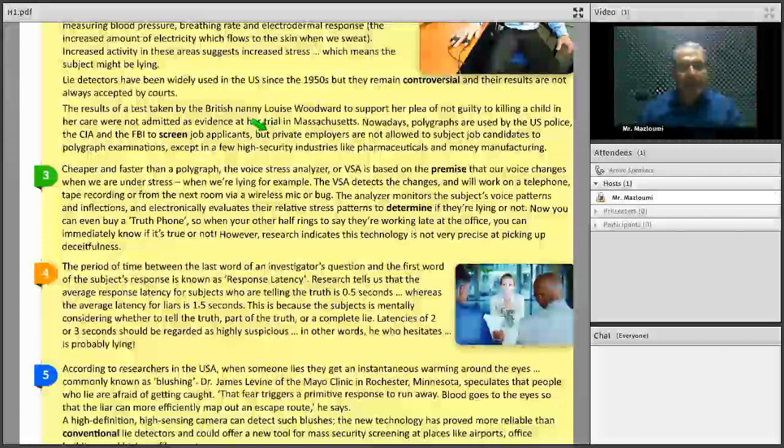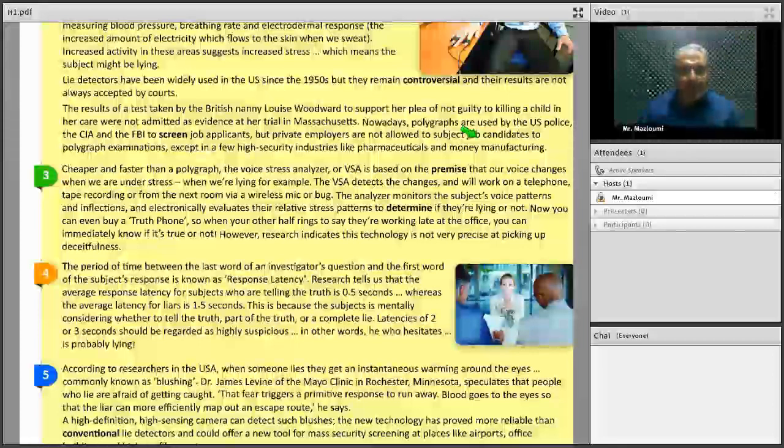But private employers are not allowed, they can't subject. Well, subject is a verb here, everyone. It means to expose, to make someone experience, to subject job applicants, job candidates. So a job candidate means someone who is looking for a job, a job seeker, let's say.